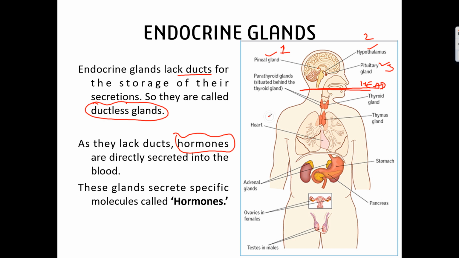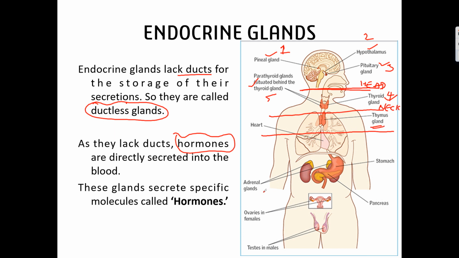Now let us look at the neck part. The neck contains the thyroid gland and parathyroid gland. These are the two glands present in the neck region. Coming to the thoracic region, the region where the lungs are located is called the thoracic cavity. In the thoracic cavity, the thymus gland is present.